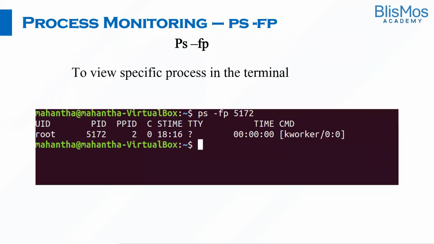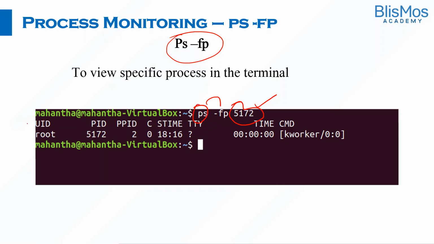Then the next option is PS -fp. What does it do? If you are searching for a specific process, then you can say PS -fp and you can give the process ID of the process you are searching for.